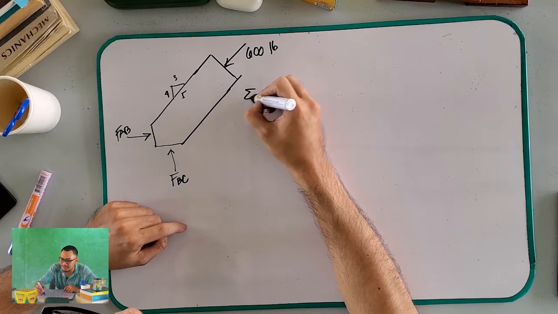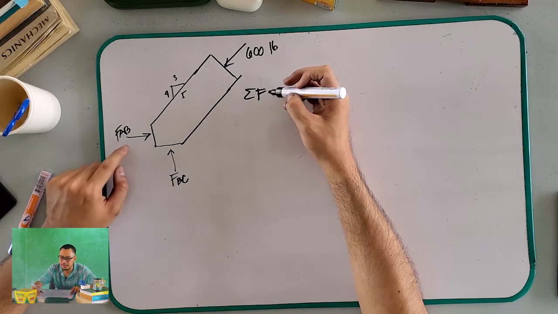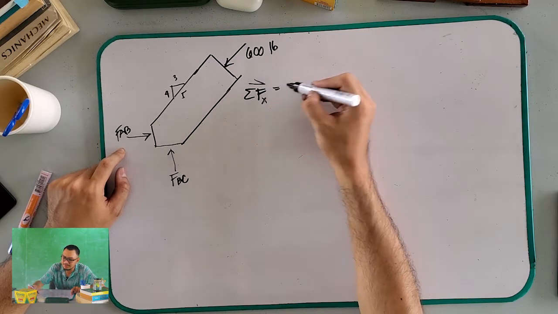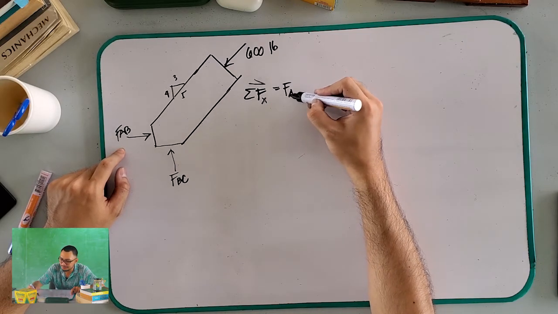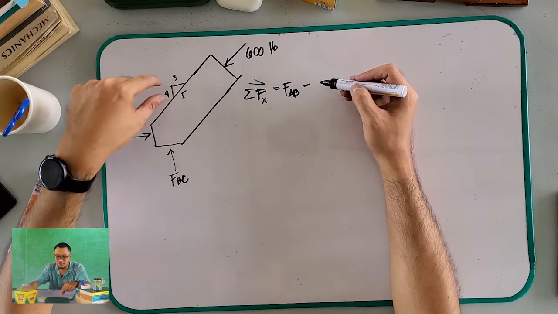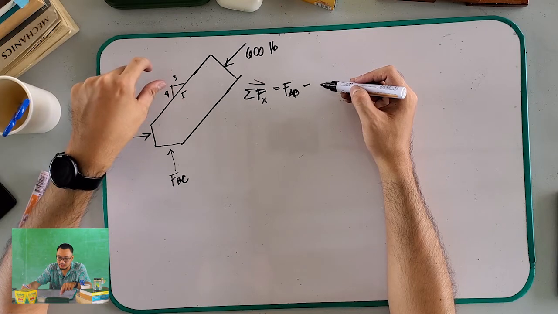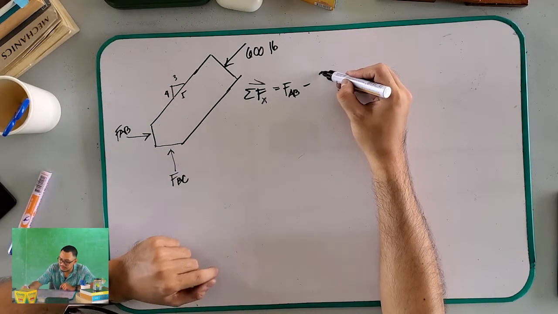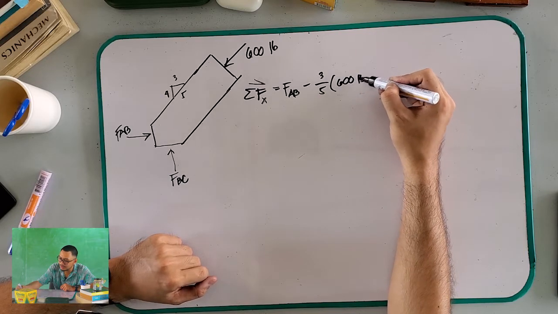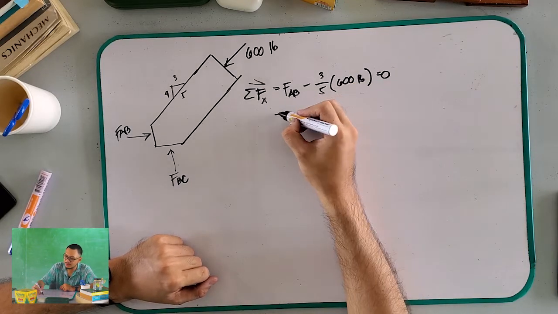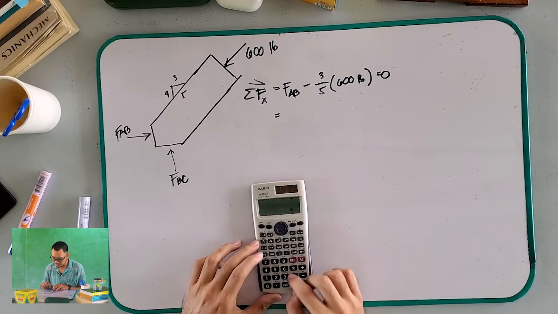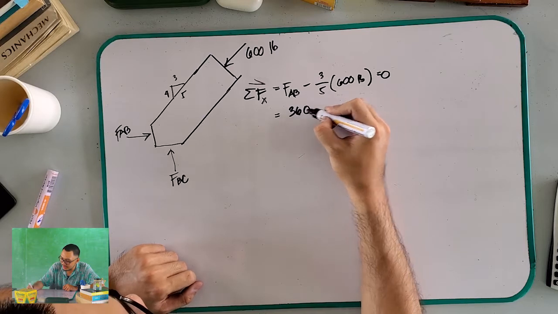Simply by using the summation of forces. We solve FAB first: summation of forces along x, assuming positive. FAB minus 3/5 times 600 pounds equals 0. So our answer for the unknown FAB is 360 pounds.